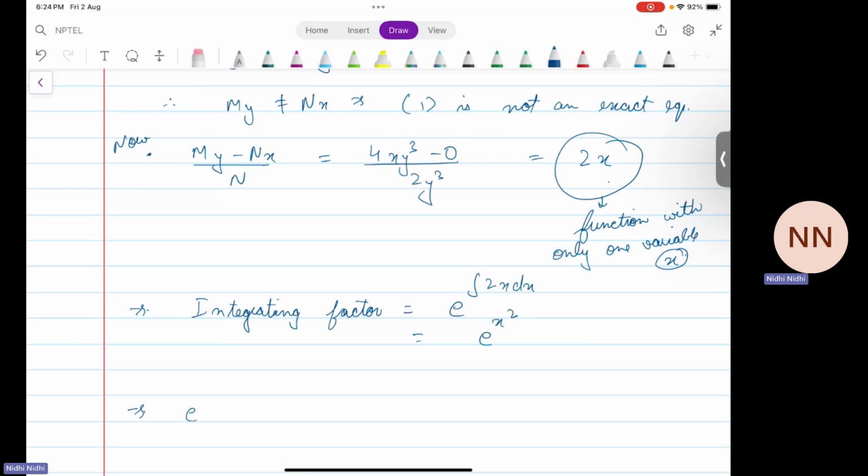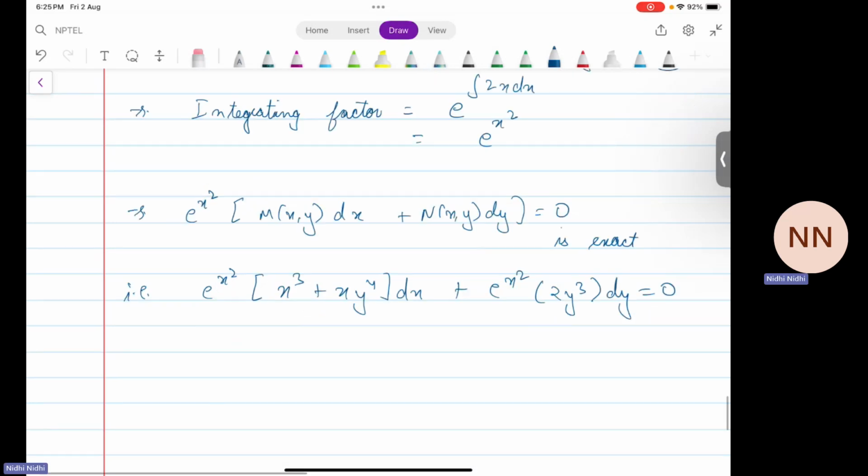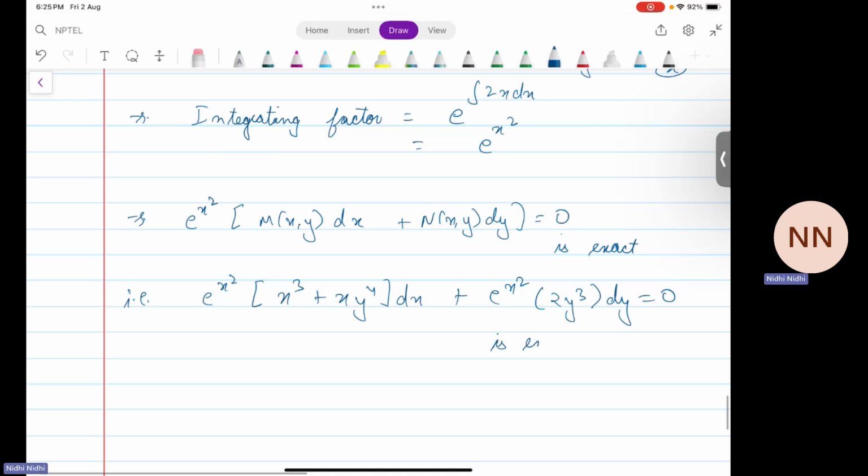This implies e to the power x square times M dx plus N dy is equal to 0 is exact. Let us see. That is, e to the power x square times (x cube plus xy power 4) dx plus e to the power x square times 2y cube dy is equal to 0 is exact.